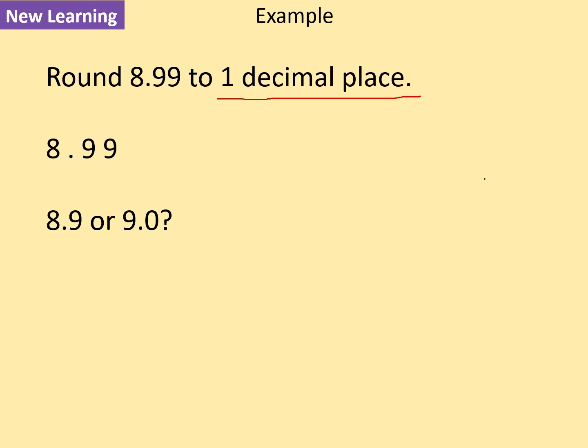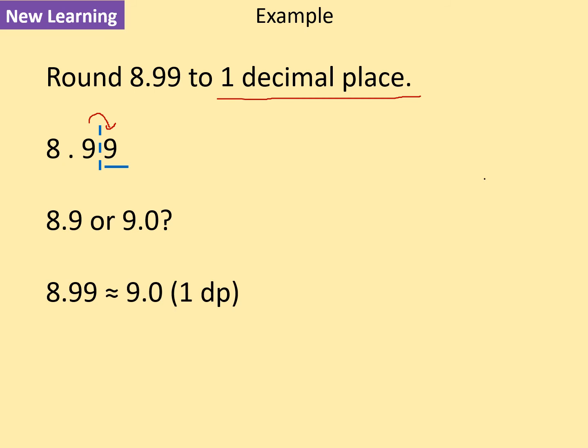Let's have a look. I'm going to look at the digit after 1 decimal place, after my tenths column, which is the 9. That 9 means it's 5 or greater, so it's going to round up the number in my tenths position. So what happens when I round up 9?